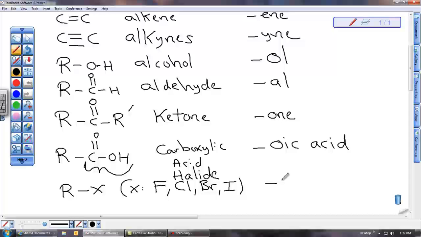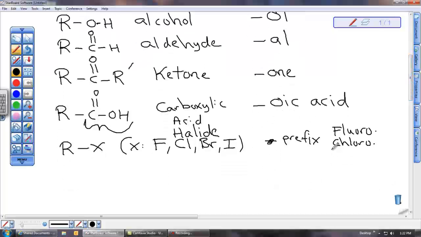These don't necessarily have a suffix, so for these we use the prefix fluoro, chloro, bromo, or iodo, one of my personal favorites.